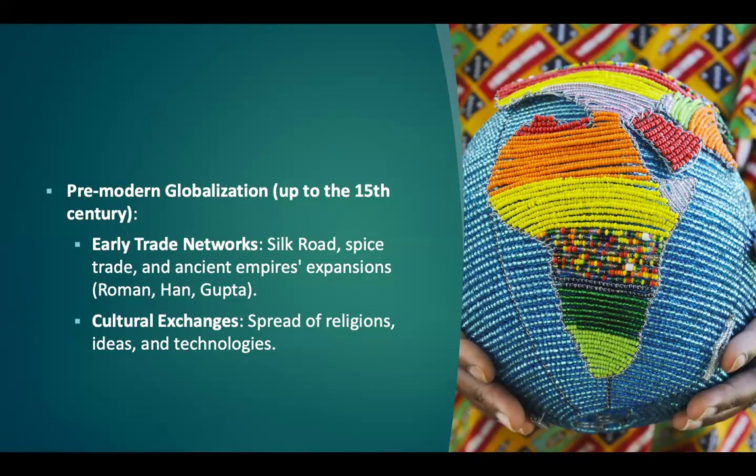So the early trade networks and economic globalization started with the Silk Road, from 130 BC to the 1450s CE. One of the most famous pre-modern trade routes, the Silk Road connected China, Central Asia, the Middle East, and Europe.